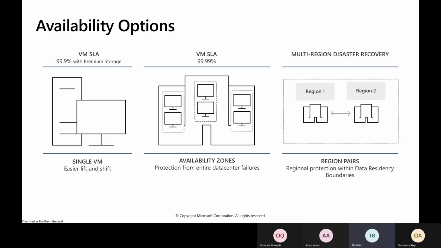In data center 1 under region 1, I have 2 virtual machines running. If I have enabled availability zones on my virtual machine, it means it's going to make a copy of the virtual machines or service that I set up on data center 1.